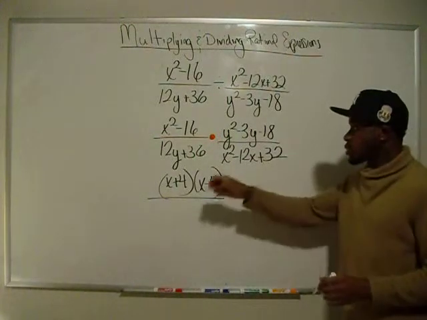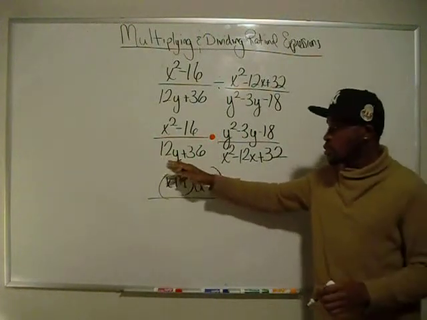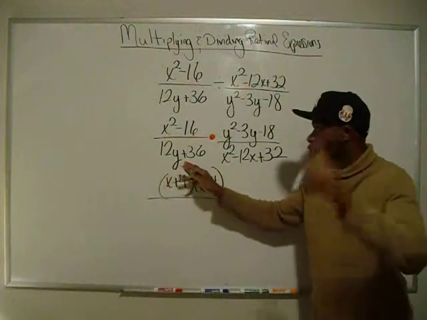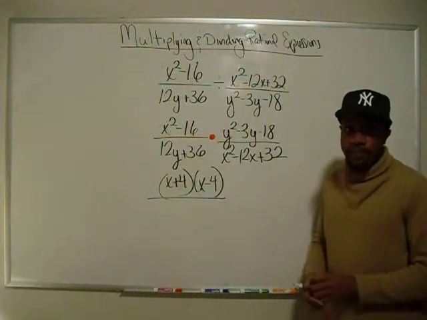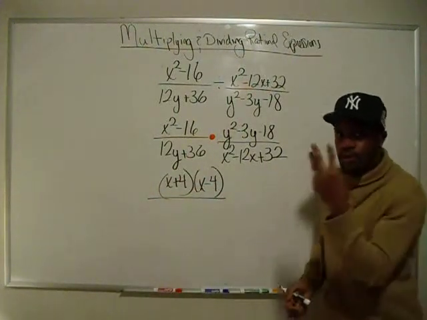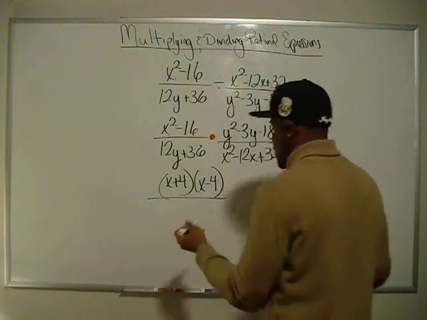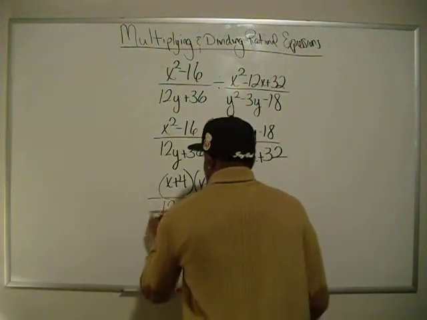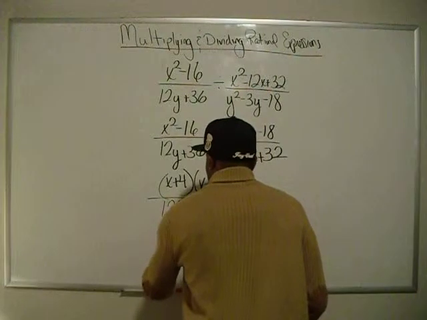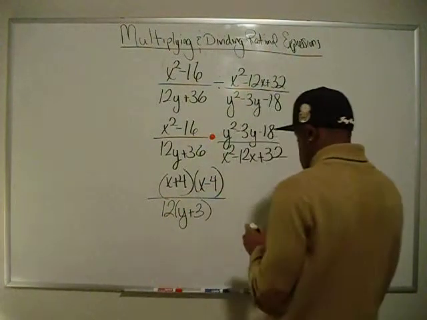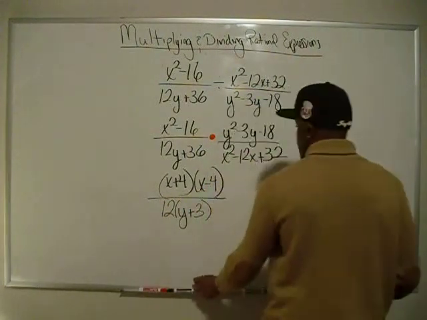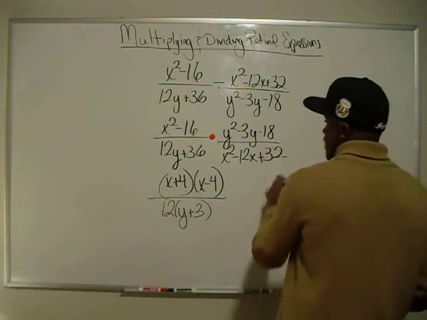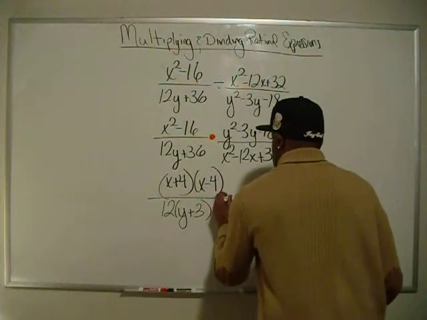Alright, right here, we know that 12 goes into 12 once. 12 goes into 36 how many times? 3 times. Alright, so 12 times y plus 3 gives me 12y plus 36. On the flip side of that, I need to factor these two right here.